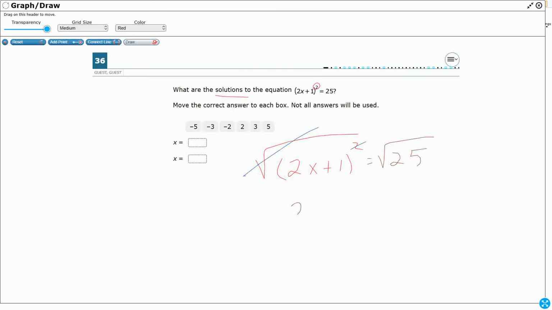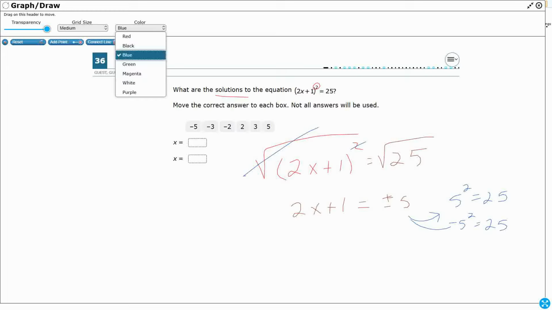So what we end up getting is 2x plus 1 equals, now it's not just the square root of 25, it's plus or minus the square root of 25. When we take the square root of something, we need to take plus or minus, because if you were to reverse engineer this, 5 squared equals 25. But so does negative 5 squared, because the two negatives make a positive. So that's why we need to take both positive and negative.